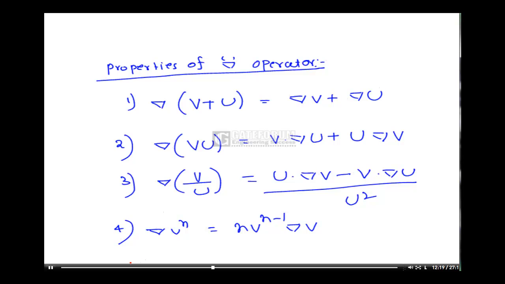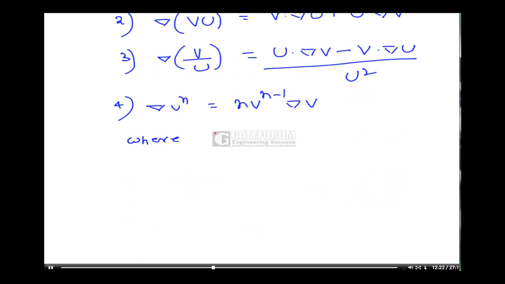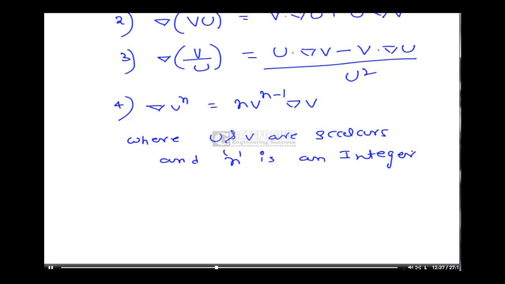These are some basic properties, where u and v are scalars and n is an integer.